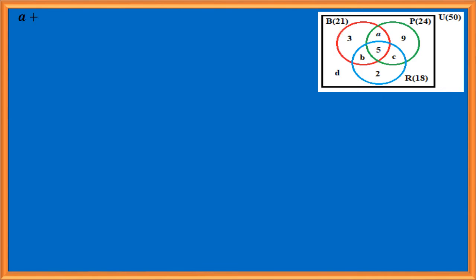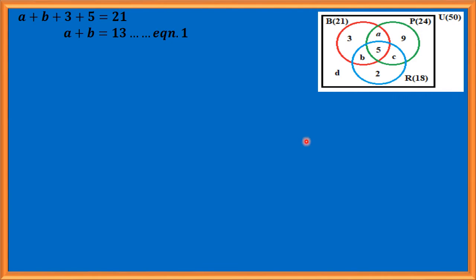So we have A plus B plus 3 plus 5 should be equal to 21. We can group them so that we'll have A plus B equal 13, because 3 plus 5 gives us 8, and 21 minus 8 gives us 13. We can label that as equation 1.